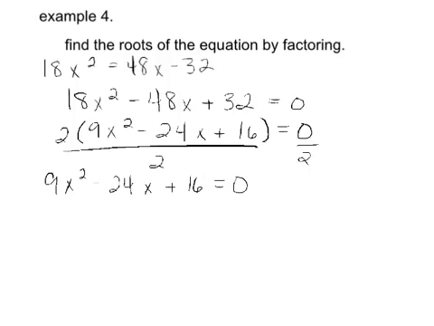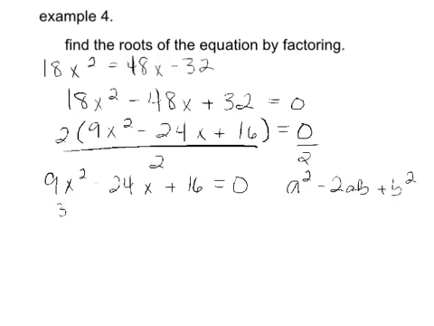Okay? Now, if you go back a few pages in the slides, you're going to notice that this is a squared minus 2ab plus b squared, which is called a perfect square trinomial.